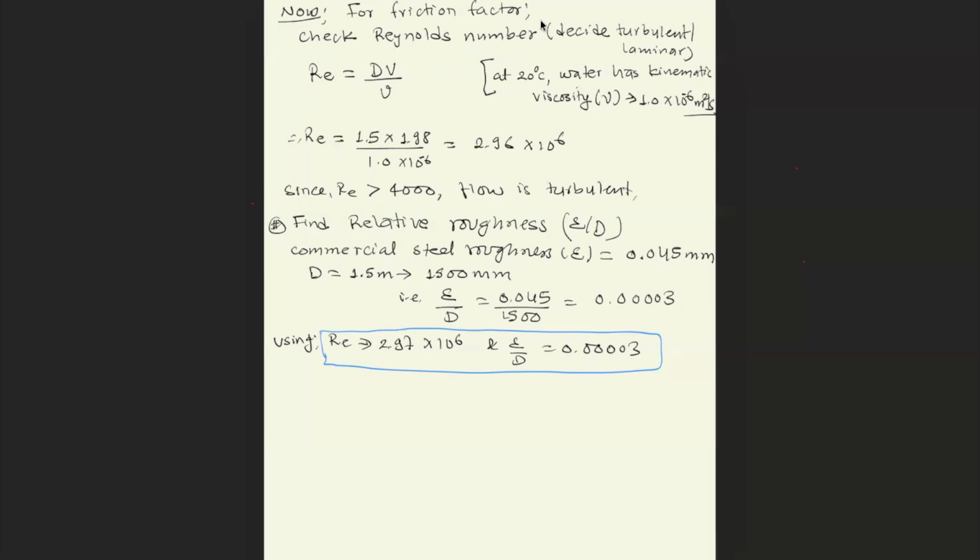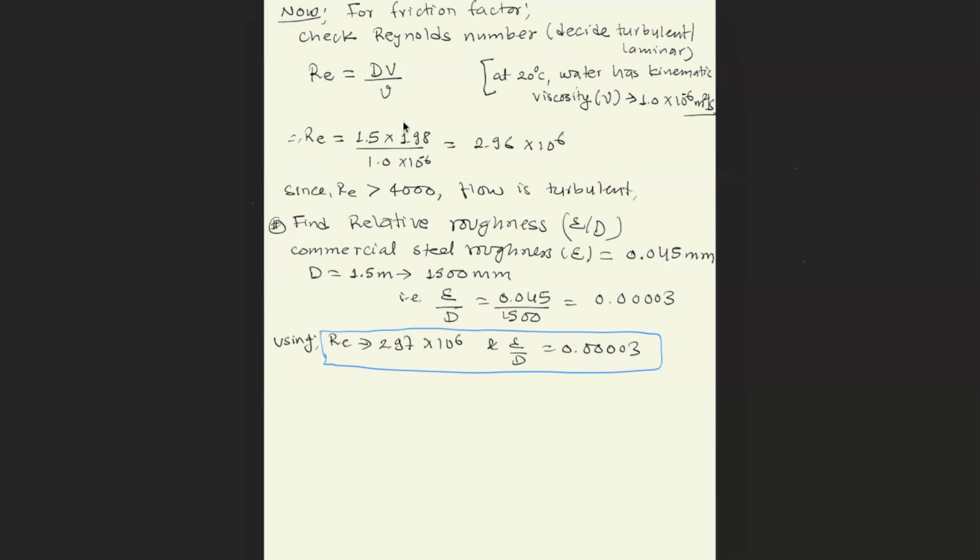First of all, we need to check whether the flow is turbulent or laminar. The formula for Reynolds number is Re equal to dV divided by kinematic viscosity, and for water at 20 degrees Celsius, the kinematic viscosity is 1 × 10^-6 meter squared per second.